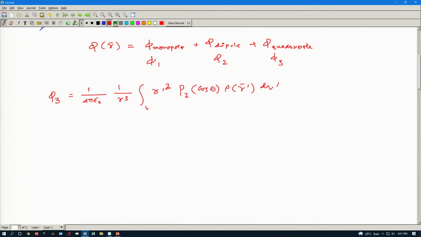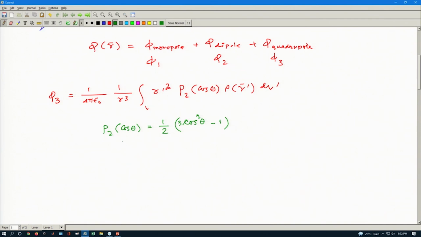What was P2? P2 is the Legendre polynomial of order 2 in cos theta. This term is half of 3 cos square theta minus 1.